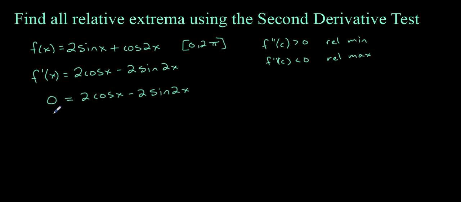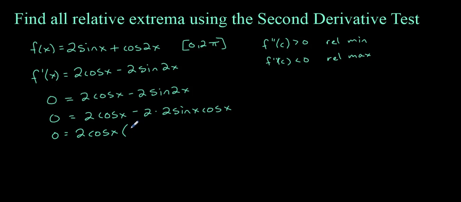Let's substitute in. 2 sine x cosine x is equal to sine 2x. Let's factor out a 2 cosine x. And we get 1 minus 2 sine x left over after we divide out.